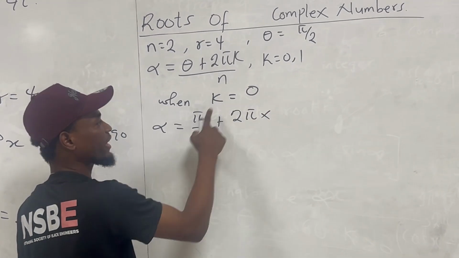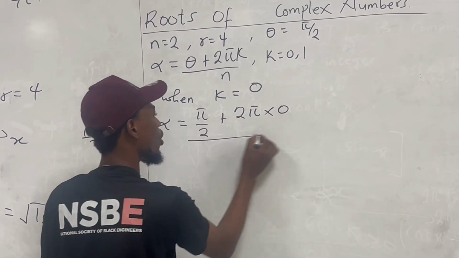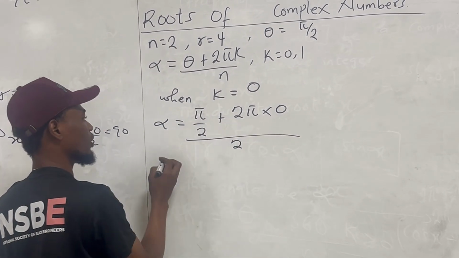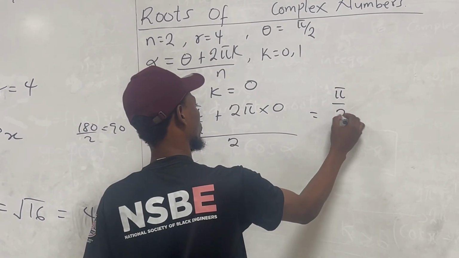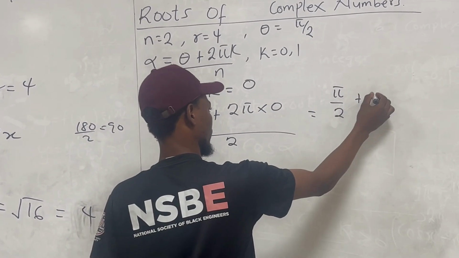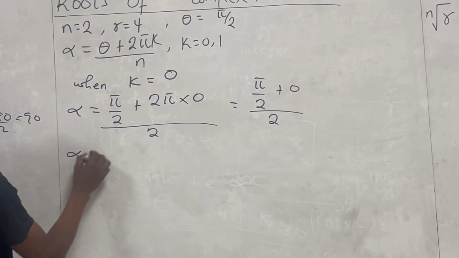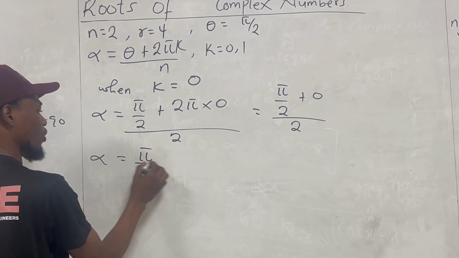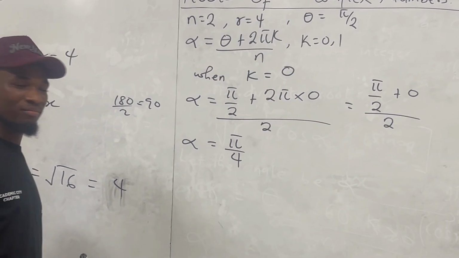But when k is 0, it is 2 pi times 0, then all over n. What is the value of n? 2. This way, I have pi on 2 plus 0, then all over 2. When you compute this, 2 times 2 is 4, so we have pi over 4 radians.